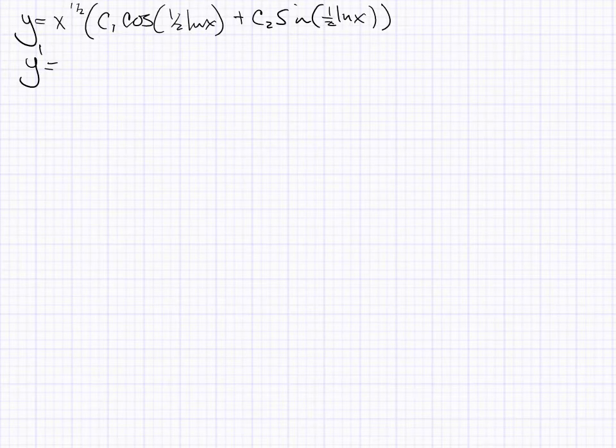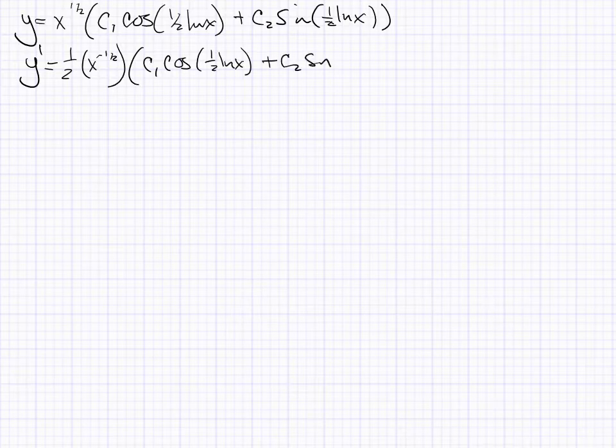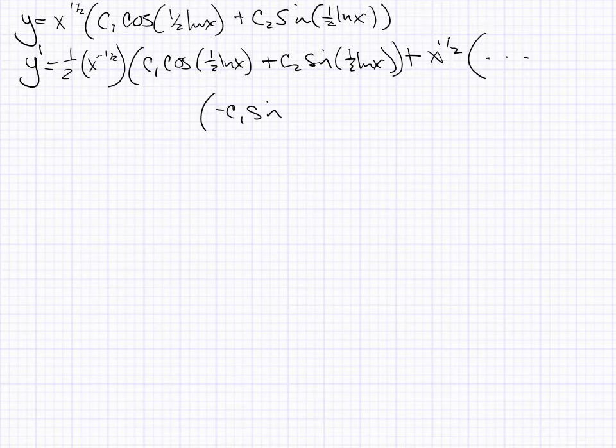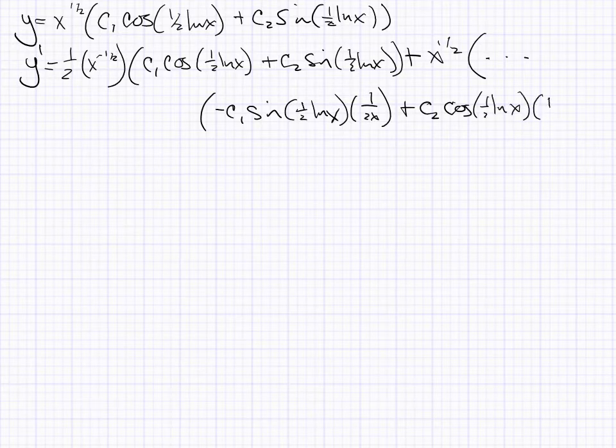And so we get that y prime equals 1/2 x to the minus 1/2 times [C1 cosine of (1/2 log x) + C2 sine of (1/2 log x)] plus x to the 1/2 times [minus C1 sine of (1/2 log x) times 1/(2x) plus C2 cosine of (1/2 log x) times 1/(2x)].